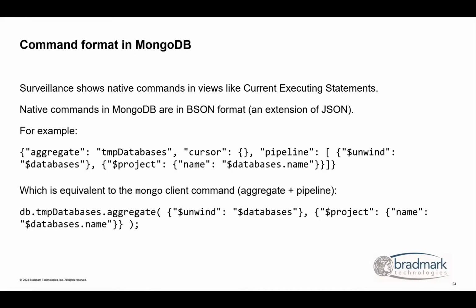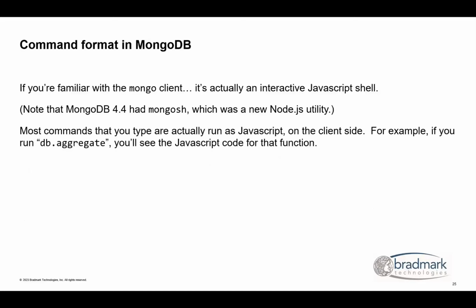Mongo client commands are kind of a shorthand, really, in reality, for the real command that gets executed by Mongo. So the item on the bottom where we say db.tempdatabases.aggregate, for example, and so and so gets turned into a native command like you see in the middle, which looks more like a JSON document. So if you're familiar with the Mongo client, it's actually just a JavaScript shell.